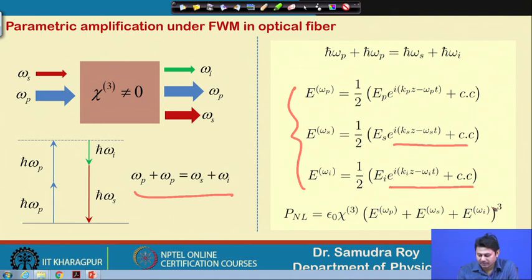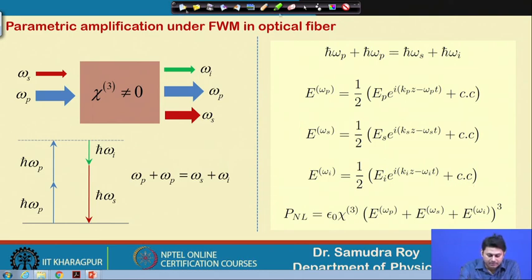So, I take the cube of that. That means there will be a combination of omega p, omega s and omega I, but which frequency will I consider? I will consider omega s. If I consider omega s, then omega s should be 2 omega p minus omega I. This is the frequency component we will be concerned about.